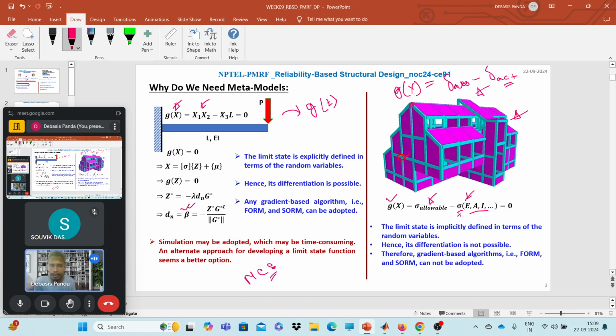For the second sample, you will get another sigma, then another g(x). In this way you perform the runs, and you can check how many times your limit state fails, that means g(x) is less than or equal to 0. Then the probability of failure is equal to the number of failures divided by the total number.